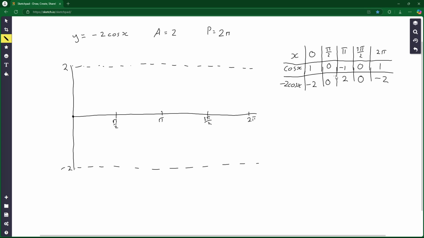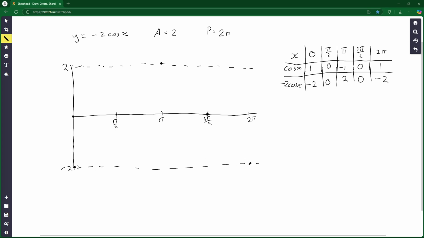If we plot these points, at 0 we're going to be equal to -2. At pi over 2, we are going to be at 0, and then at pi we're going to be at 2, and then at 3 pi over 2 we're going to be back down at 0, and then at 2 pi we're going to be down at -2.